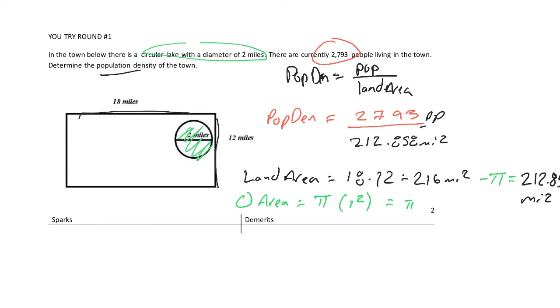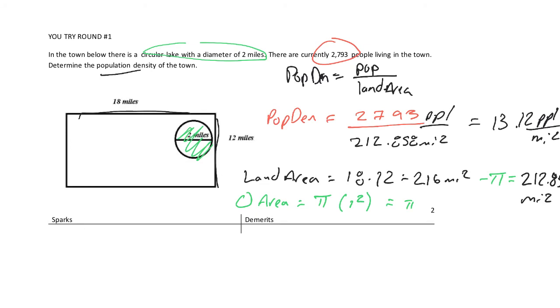This is people on top. And if we just divide that, 2,793 divided by that, it's about 13.112 people per mile squared.